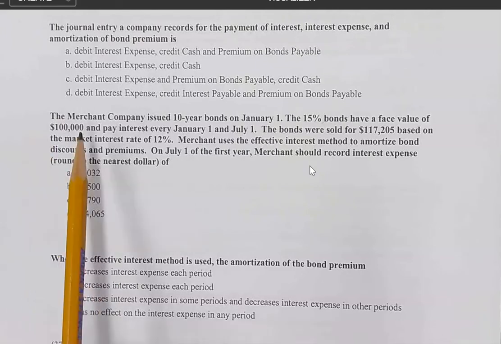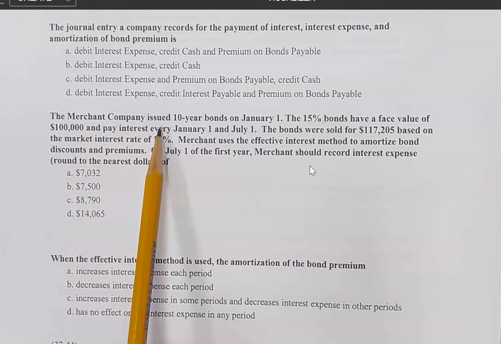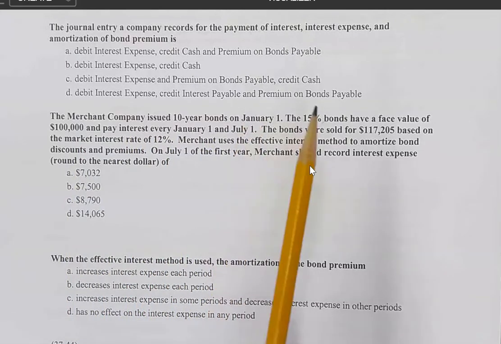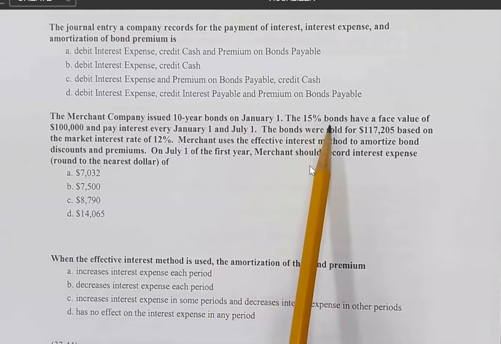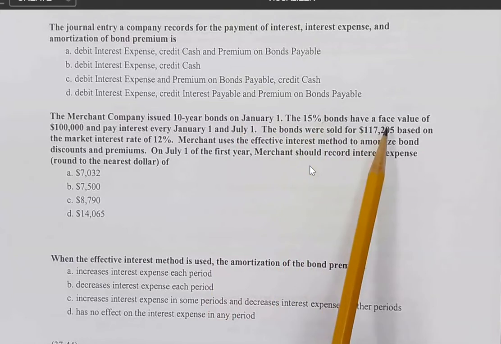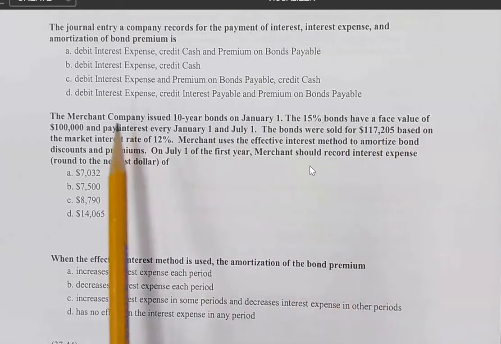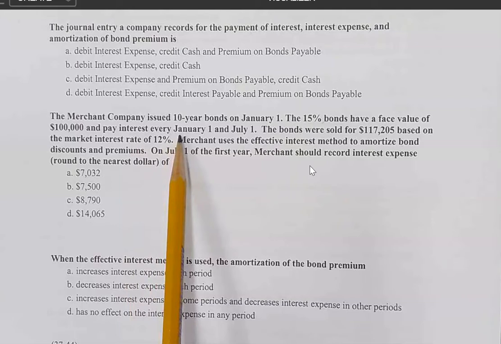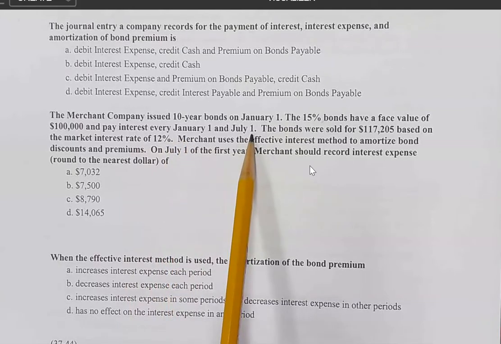So it says the merchant company issued 10-year bonds on January the 1st. The 15% bonds have a total face value of $100,000 and pay interest every January 1 and July 1. So they're paying interest semi-annually.